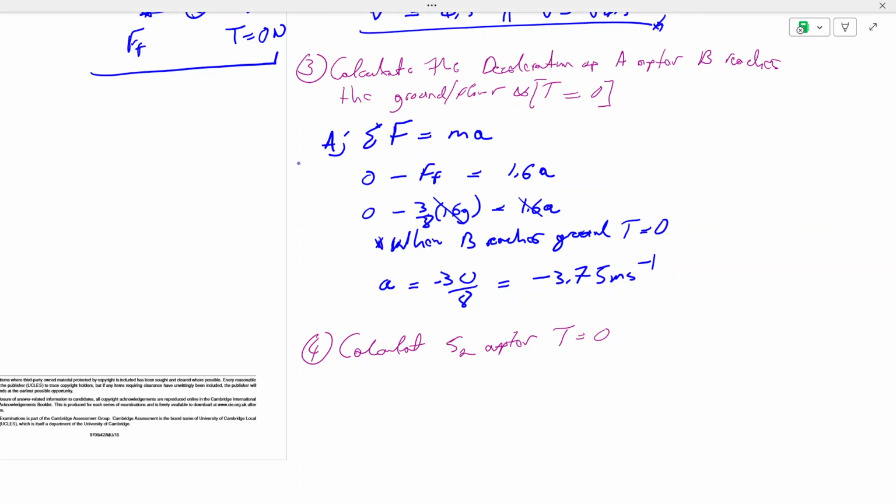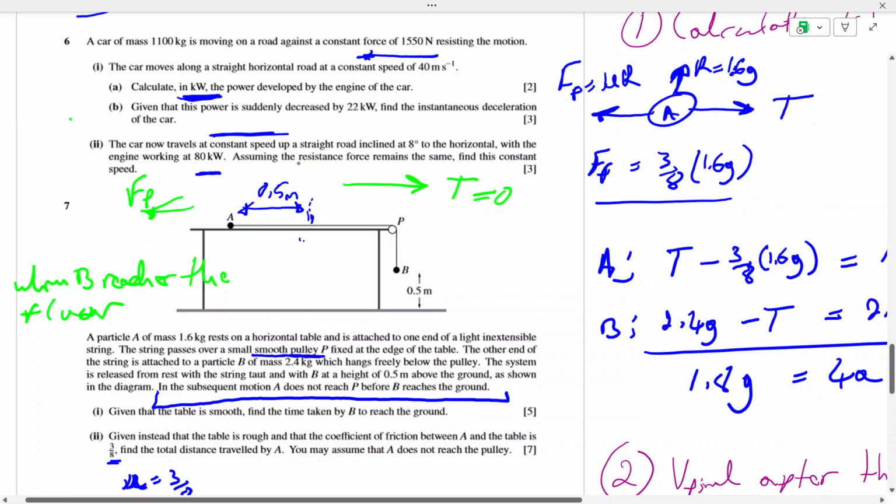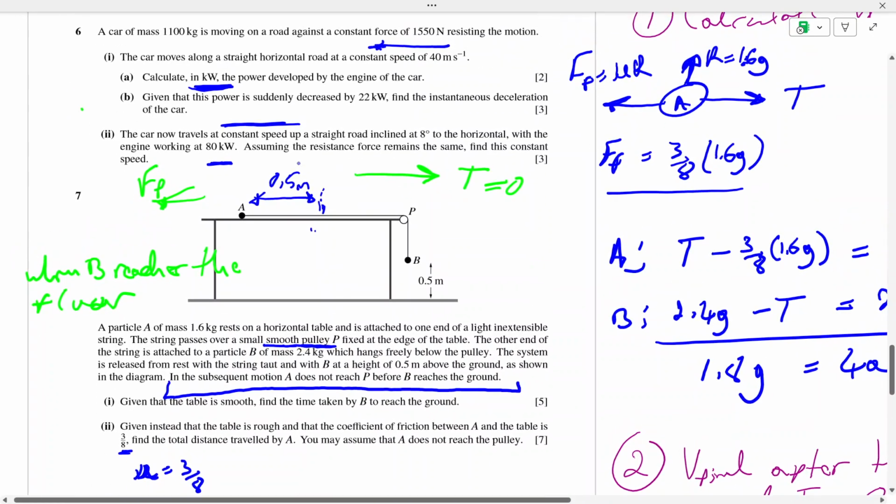If we go back to the table, after it has traveled 0.5 meters, this particle A now has a v of root 4.5. It has a deceleration of negative 3.75. That's the deceleration that it has.